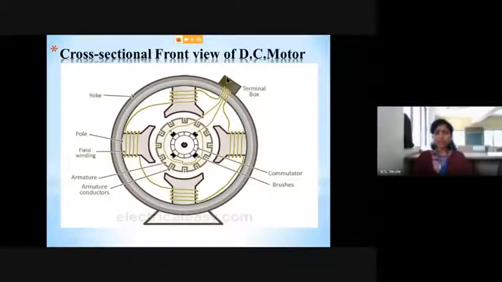Now the second DC supply: the remaining two terminals go to the middle part of the motor, which is called the commutator. So two DC supplies have to be given to the DC motor. The first supply is given to the poles, and the second DC supply is given to the commutator and brush. Have you understood, all of you? Any difficulty in this one?